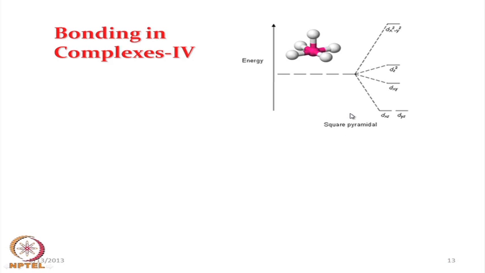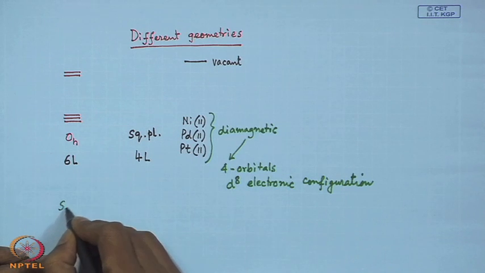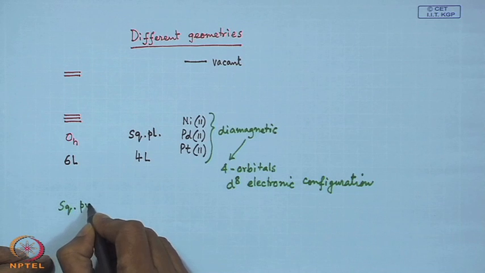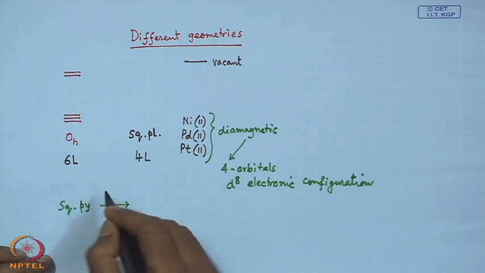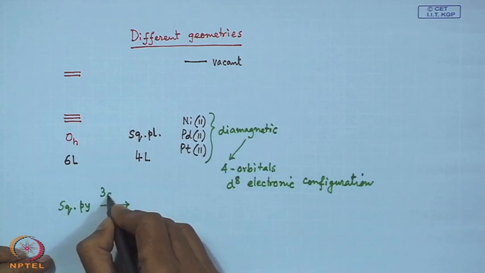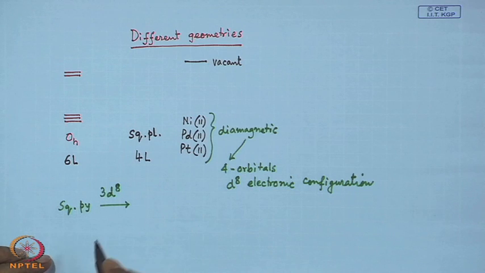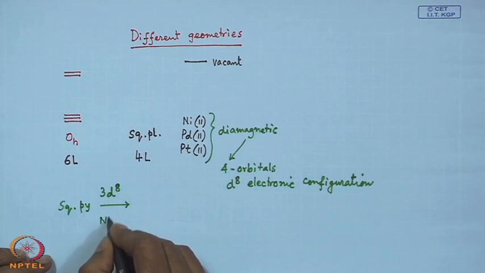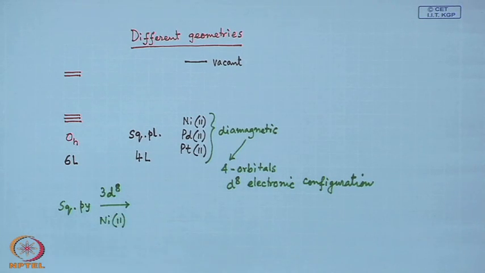We should all be able to write the corresponding electronic configuration in this particular geometry. How can we write it? We can write it for square planar to square pyramidal, say for nickel 2 plus, which is 3d8.